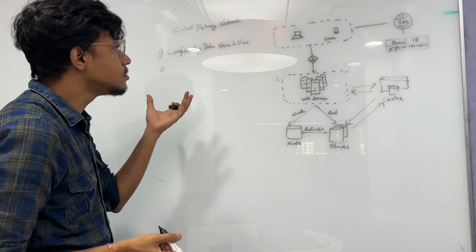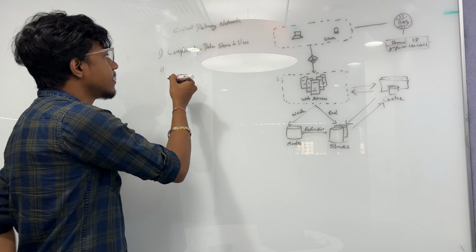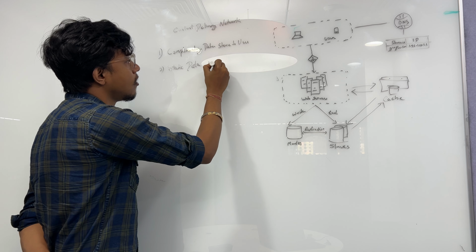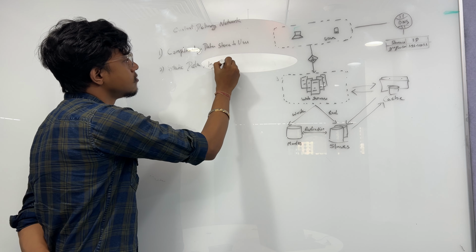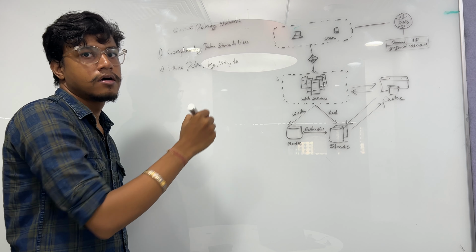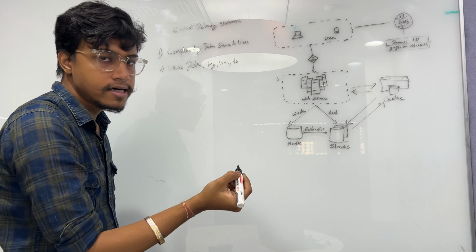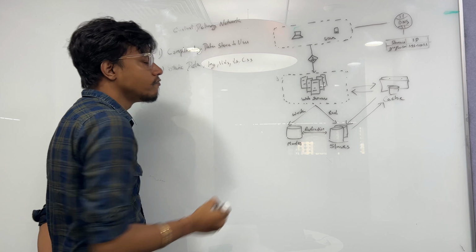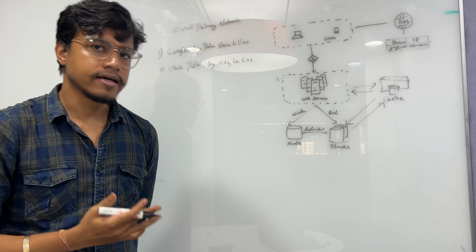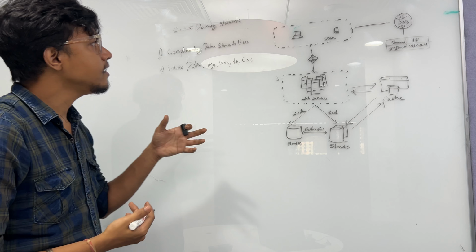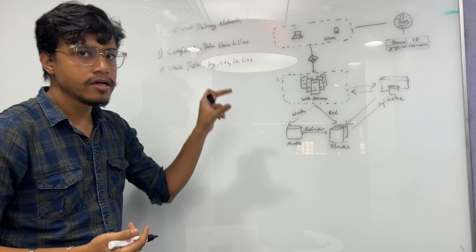But what CDNs store is static data like images, videos, JavaScript components which are not server side, and style sheets. Whatever data is static and does not have functionality can be stored in CDNs, and it is stored somewhere near the user location itself.